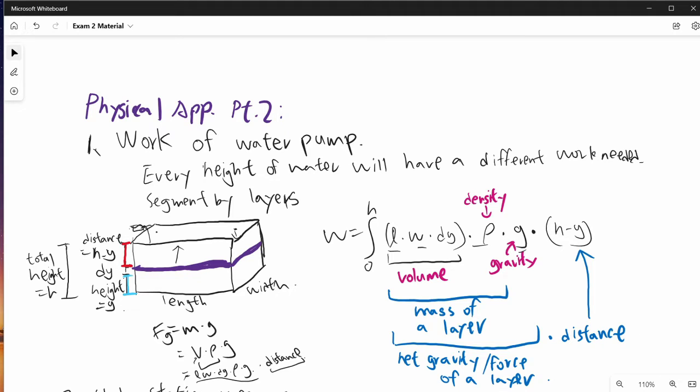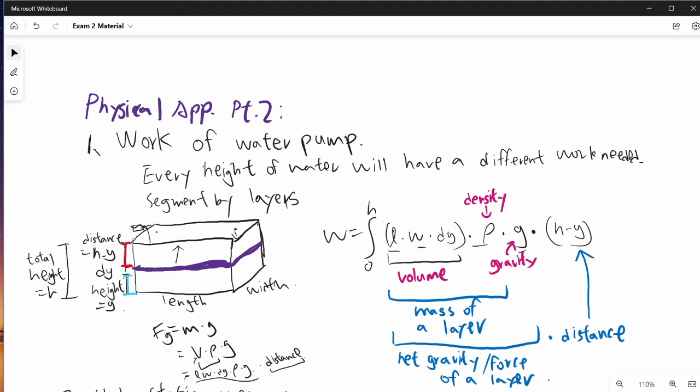In that case, I will write out all that over here. Work is the integral from 0, saying the bottom is 0, to h. The whole water tank has height of h, and then length times width times dy.